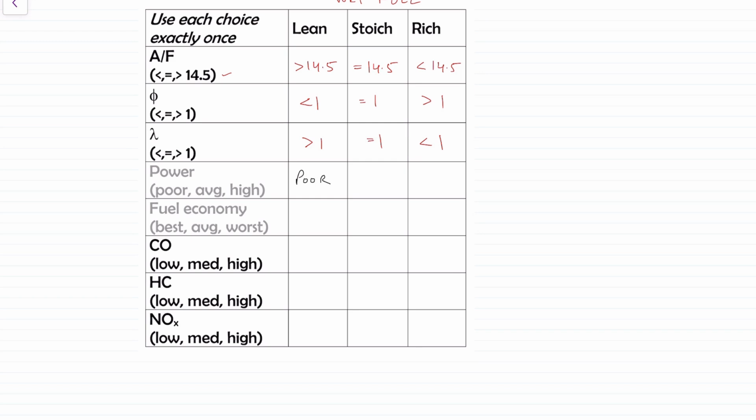For fuel rich, when you have lots of fuel, the power generated is highest in that case, and stoichiometric is average.